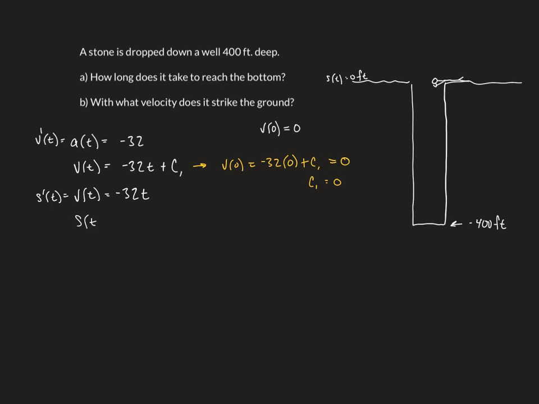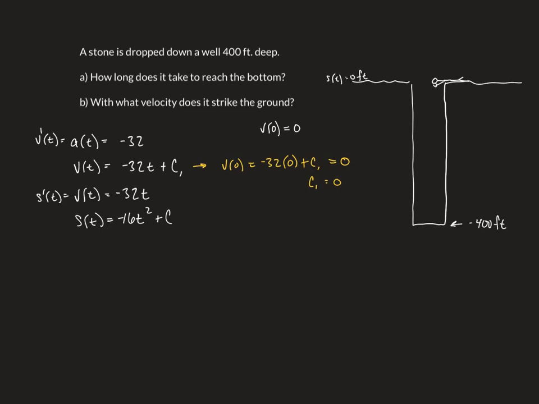So our position function would be negative 32, sorry, not negative 32. It's going to be t squared, and I have to figure out what I can put as a coefficient to that t squared that would give me negative 32. So that'll be negative 16t squared plus c. There is a constant here, and this is where we actually have information that'll allow us to find this constant. Another thing that I know, and it goes back to our original picture, is that initially, when we're about to drop the stone, the height is 0, the position is 0.